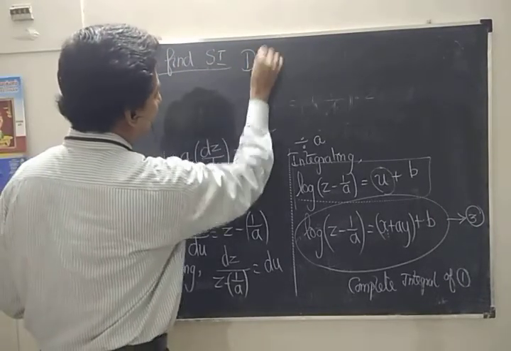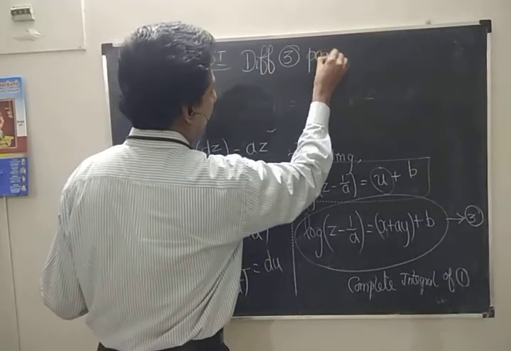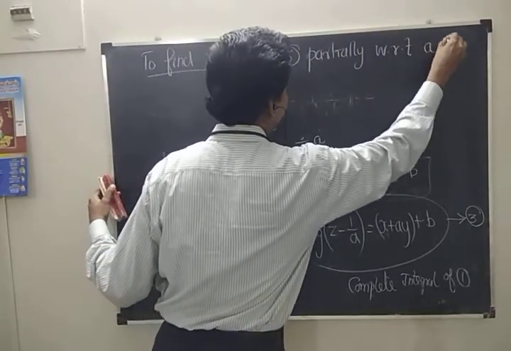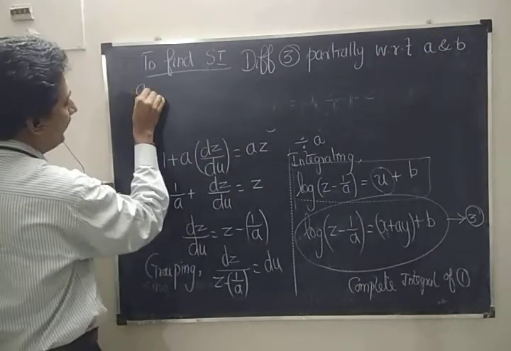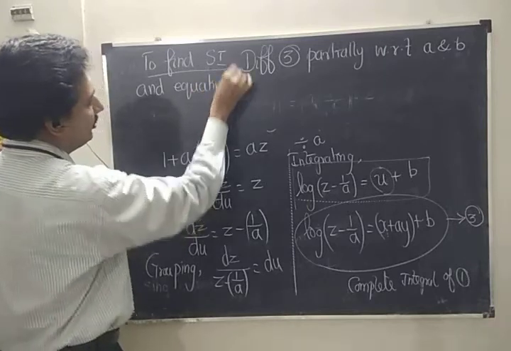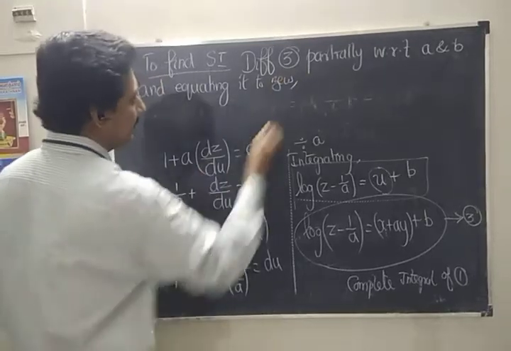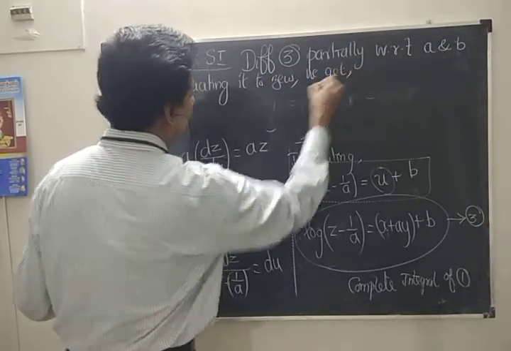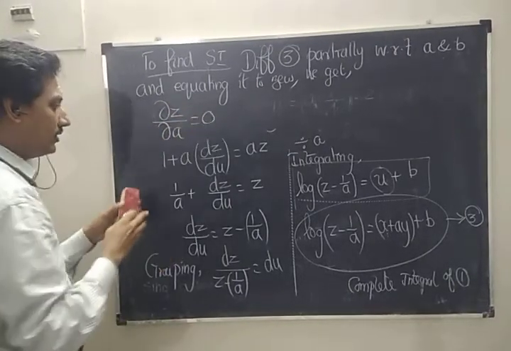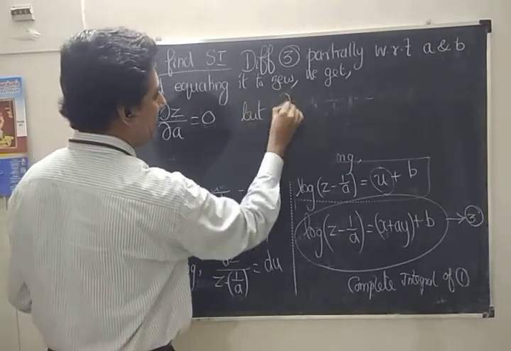Now let us start from the complete integral, that is equation number 3. Now differentiate partially with respect to a and b. And z is a function of x and y, so while differentiating with respect to the constant, we will get 0. So equating it to 0, we get, I don't bother about the a while differentiating with respect to a. So I can simply write dou z by dou a equal to 0. But what about dou z by dou b?